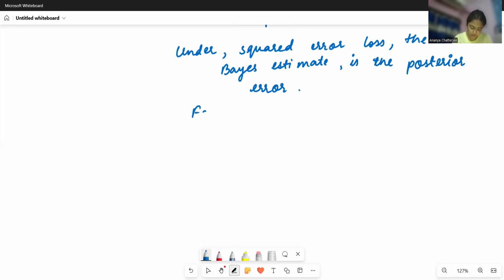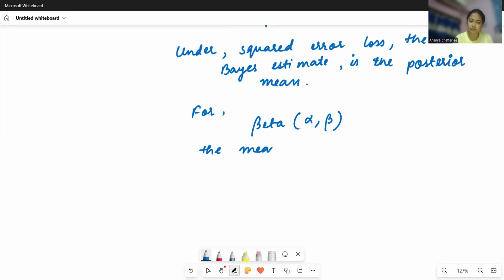That is the posterior mean. That is, for Beta(alpha, beta), the mean is alpha by alpha plus beta.